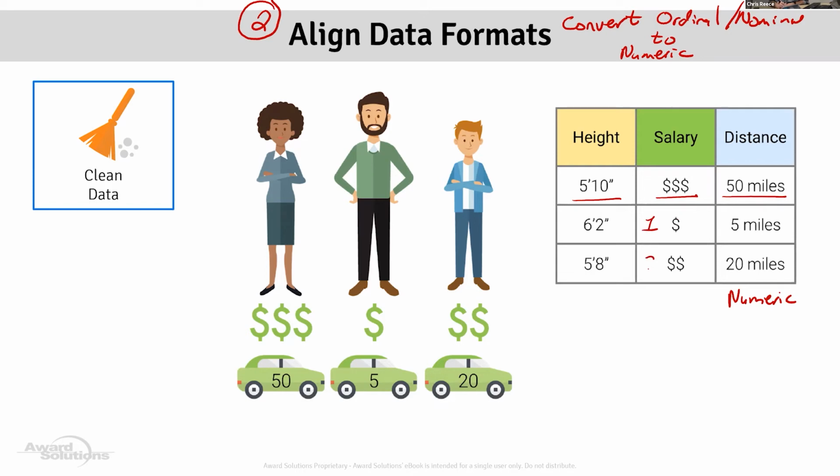If it's 2 dollar signs, I'll make it a 2. If it's 3 dollar signs, I'll make it a 3, so that I can represent this as numbers. With respect to height, I might convert it to inches. But I need to do something to align these data formats.